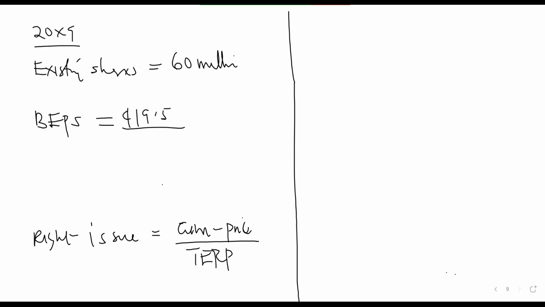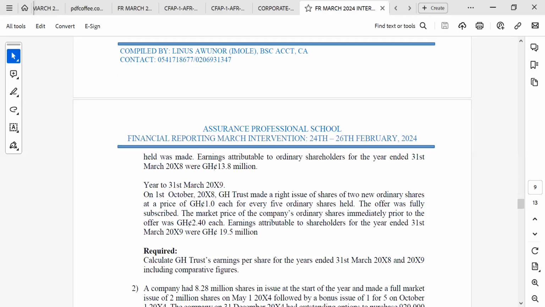Let's look at this. What is the price of the shares before we do the rights issue? 2.4. Okay.